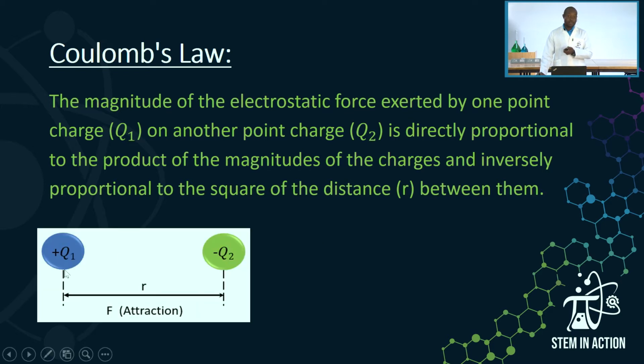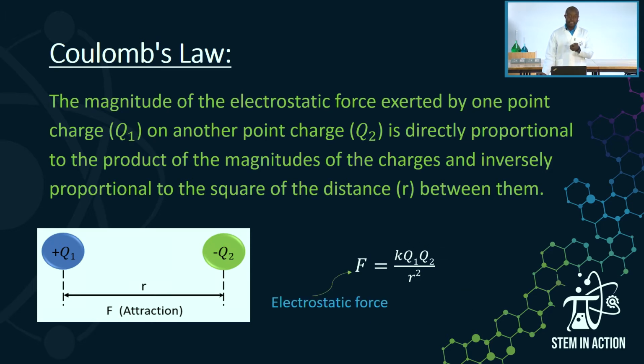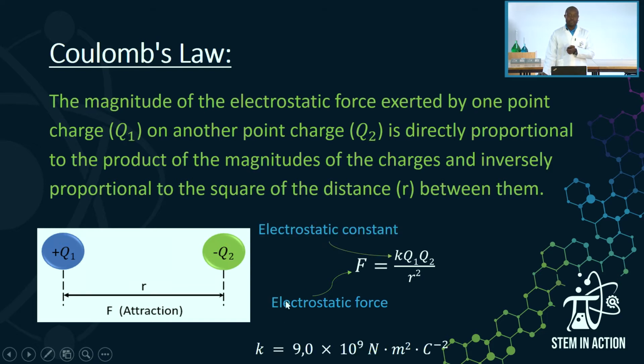If we have two objects, Q1 and Q2, and the distance between them is r, the formula that describes the Coulomb law is this formula. In that formula, F stands for the electrostatic force. K is our constant, and the value of K is 9.0 times 10 to the power of 9 newton meter squared per coulomb squared.